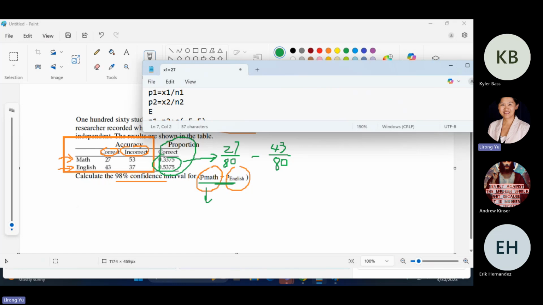In the proportion test, the margin of error is equal to Z times the square root of, I don't know if you remember, P1 times 1 minus P1 divided by N1. That's the variance for X1 over N1. And then plus P2 times 1 minus P2 divided by N2.